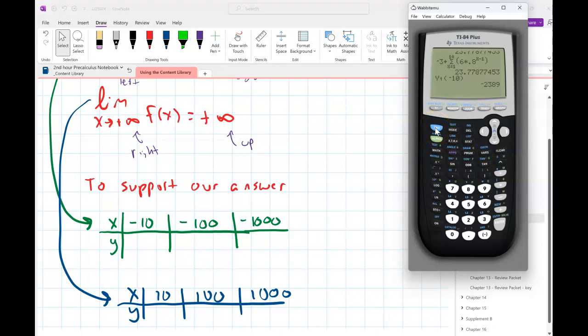And then rather than climbing back through all those menus again, I'm going to press second and enter, and go back and edit that to be negative 100. And then second and enter and do it one more time to get negative 1,000.